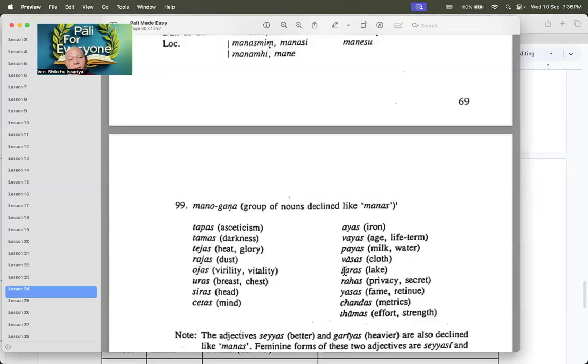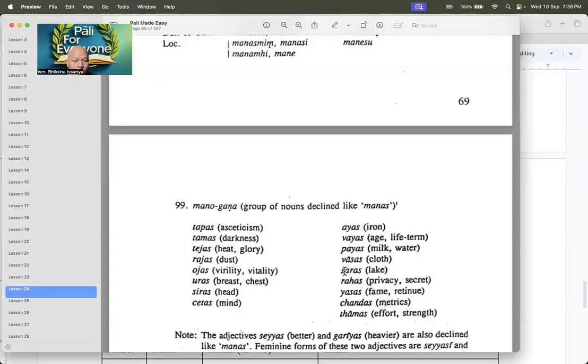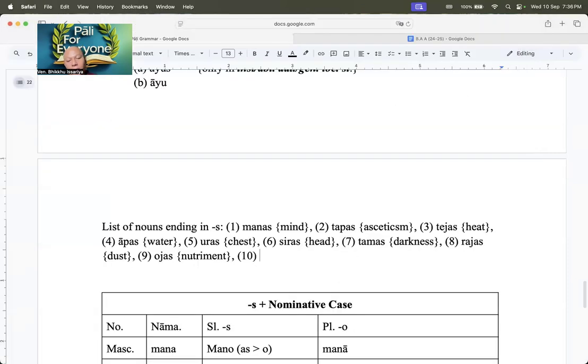Ojas, nutriment, vitality or nutriment. And number 10, cetas, which has the same meaning as manas, mind.